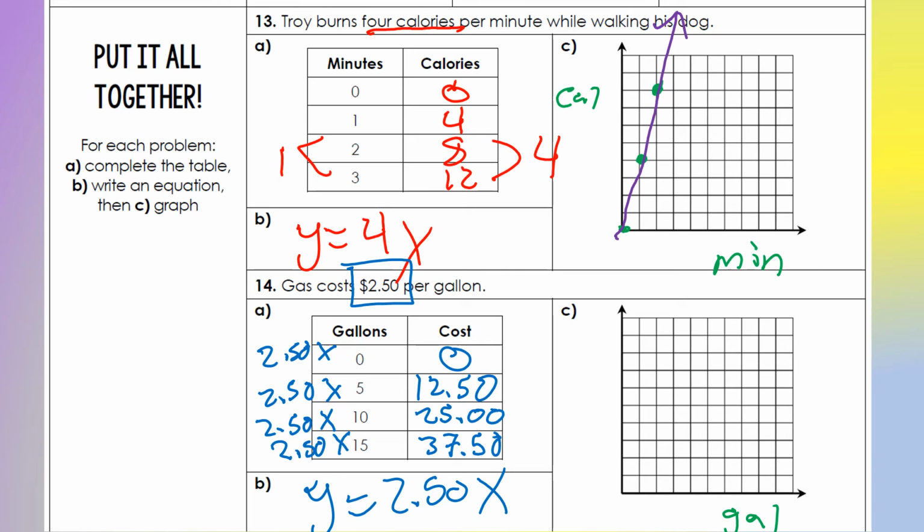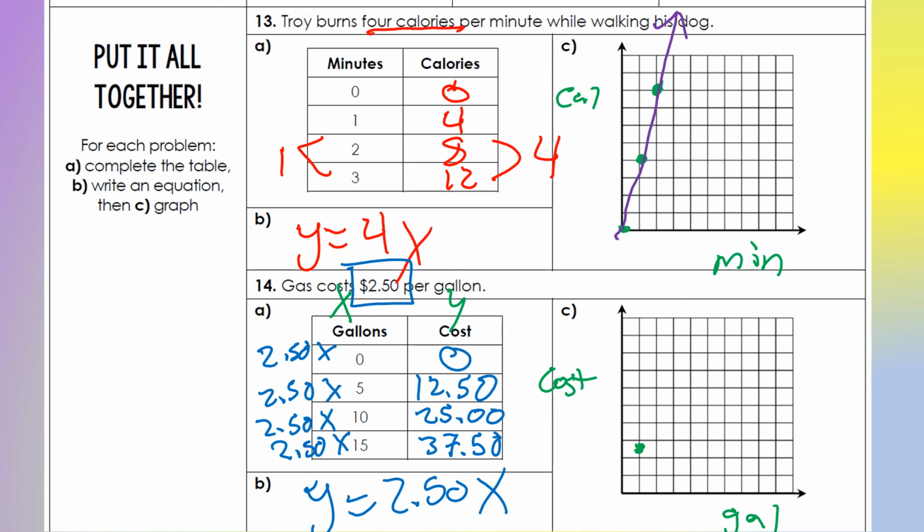We must, because that's the x column. And we've got cost on the left. And let's think here. I'm just going to say that each of these is 1. So at 1 gallon, it's going to cost $2.50.